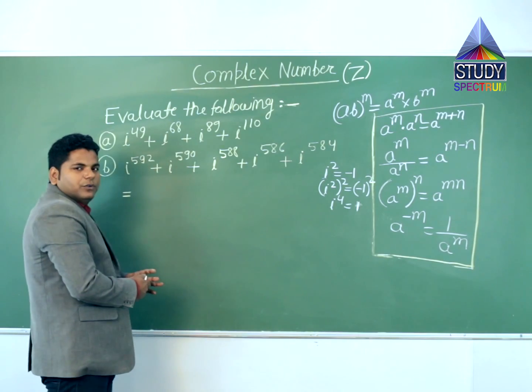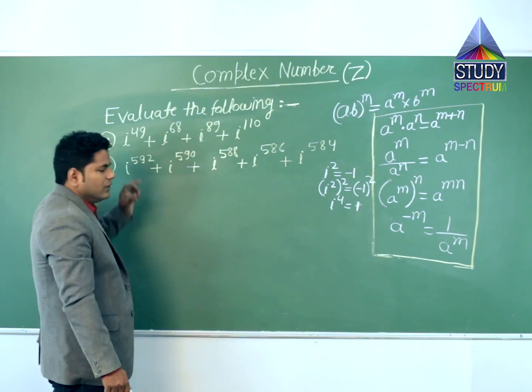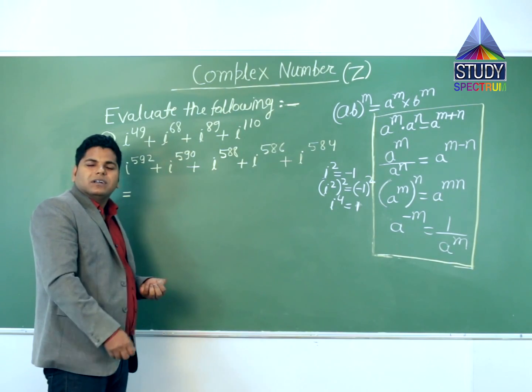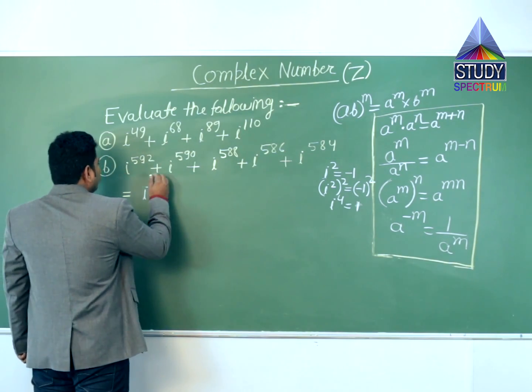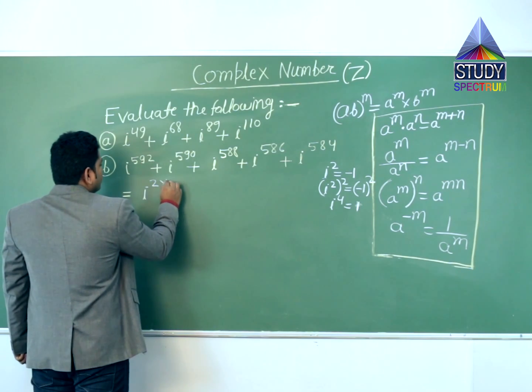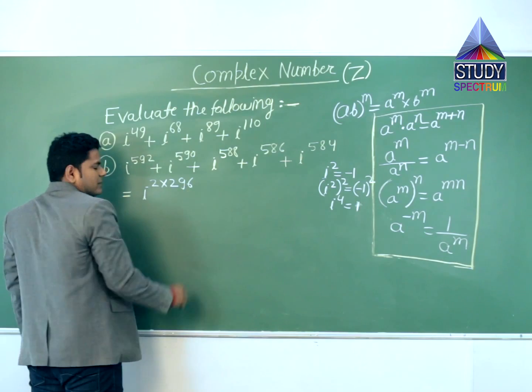So what we will do is we'll express 592 in terms of 2. So we'll write i to the power 2 into, we'll divide 592 by 2, so it will be 296.